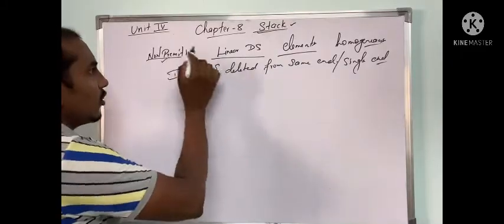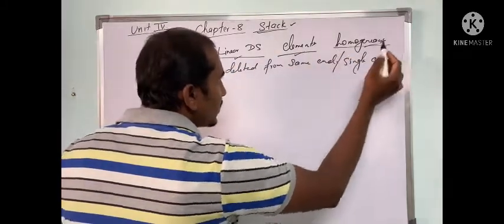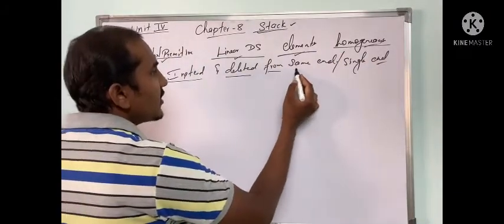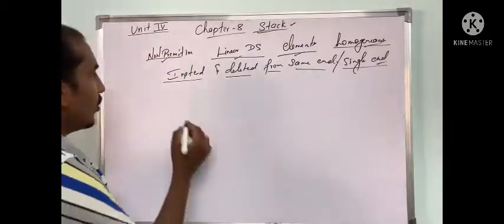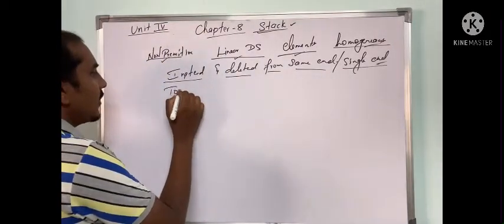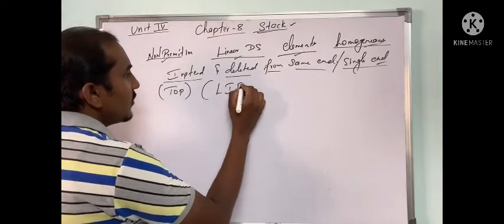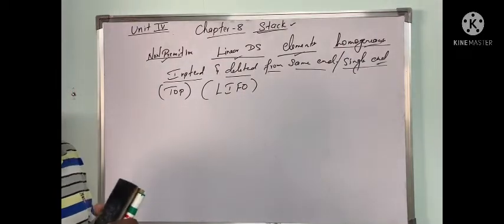Stack is nothing but a non-primitive linear data structure where elements will be of homogeneous type and elements are inserted and deleted from the same end called top, and it will be working in the form of last in first out.